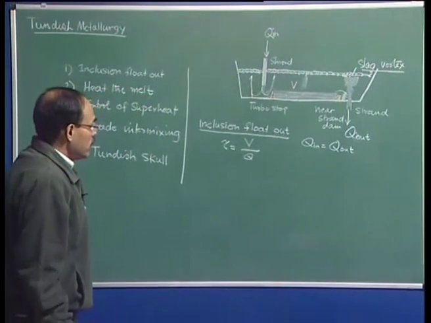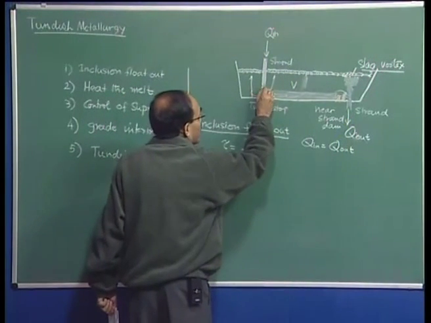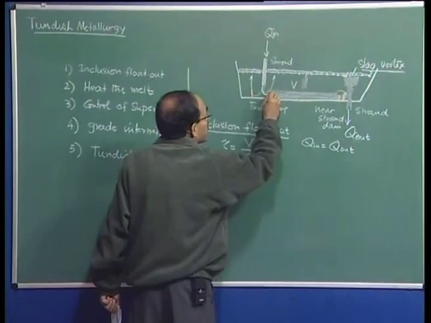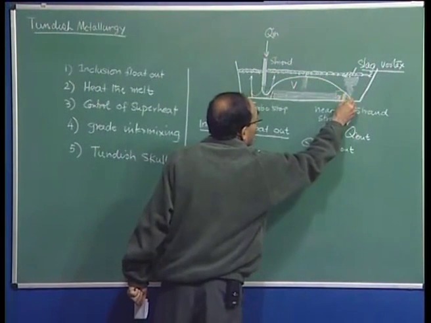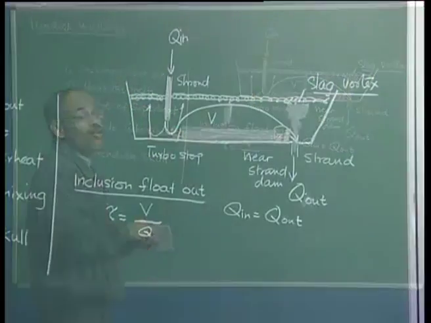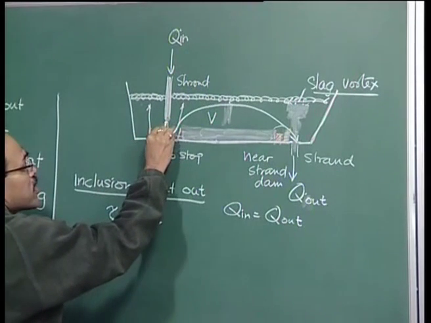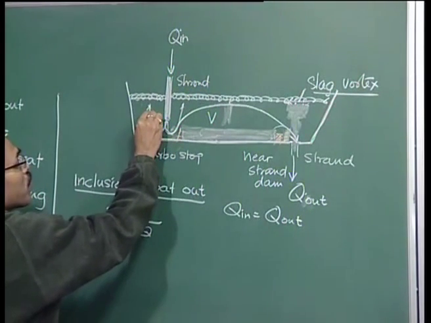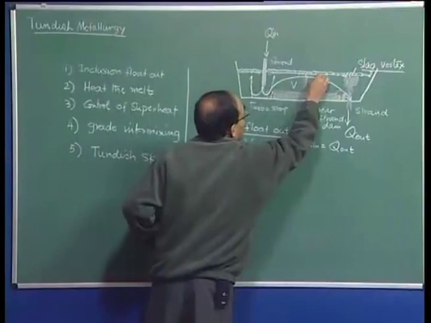Now, imagine a fluid element which comes into the tundish. Okay. So, the fluid element goes like this maybe, and then it spends some time and ultimately it goes out. Another fluid element may follow a different path, and it can go towards the free surface, and then possibly behind the tundish it can again come here.